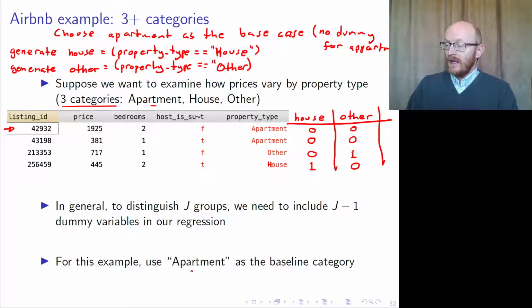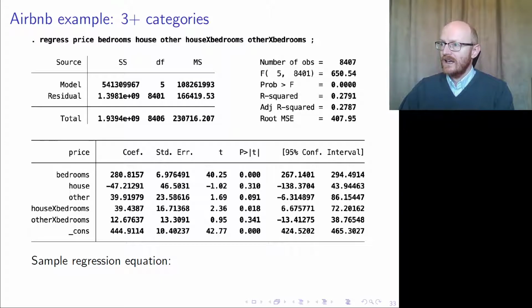Okay, so for this example, we have apartment as the baseline category, which means that the coefficients on house and other are relative to the apartment. Okay, relative to apartments.